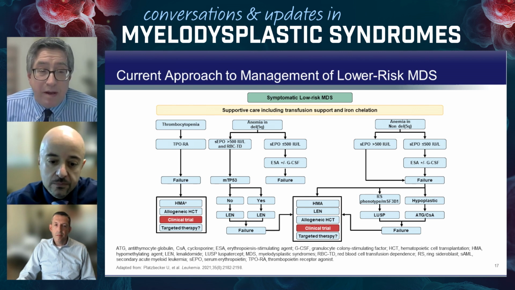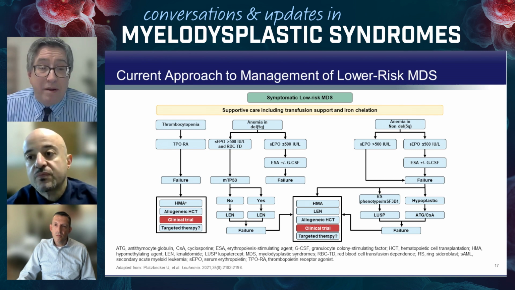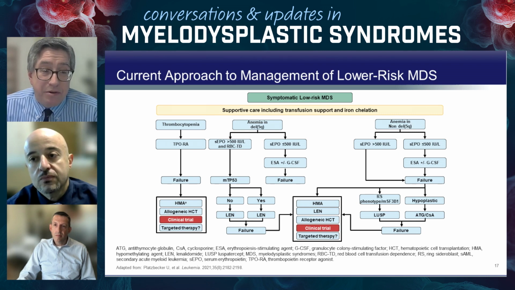There's a number of them, short-acting erythropoietin, longer-acting darbepoietin. And we typically will establish or measure an erythropoietin level. The lower the level, the more likely a patient is to respond to an erythropoietin-stimulating agent.